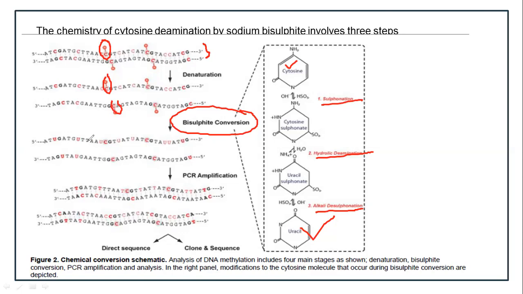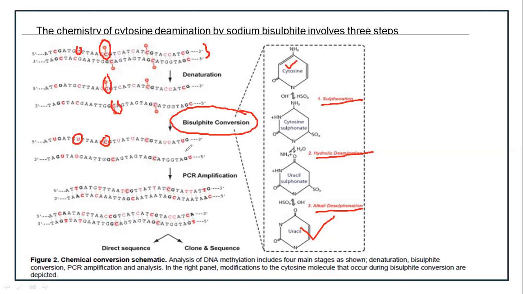See here in the first strand, these unmethylated cytosines are converted into uracil, while these methylated cytosines remain as cytosine after bisulfite treatment.